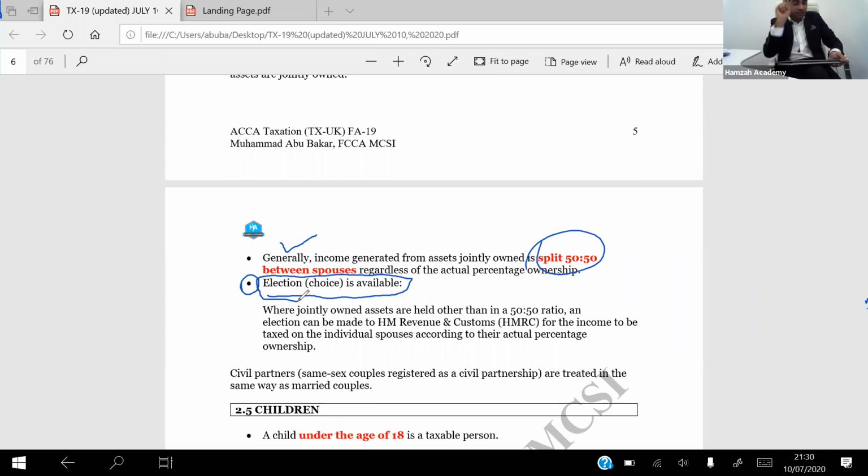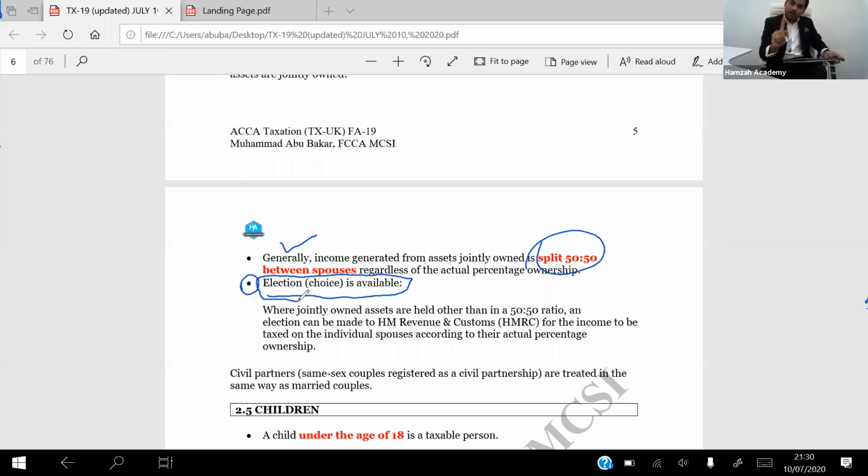So whenever the word election comes, you should always think that it is in the power of the taxpayer to tell HMRC the percentage of ownership or the date or any matter on which the election is being made.